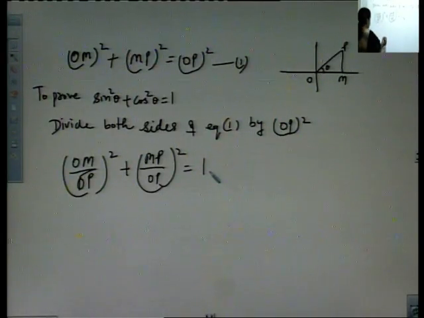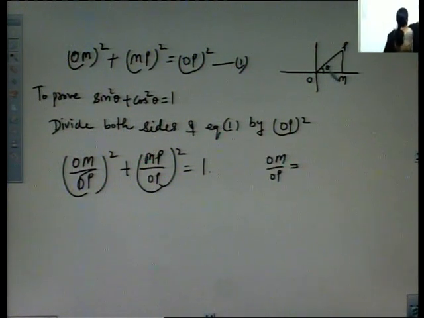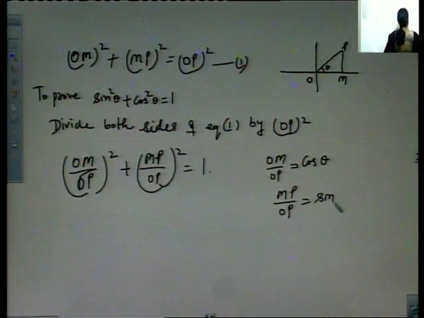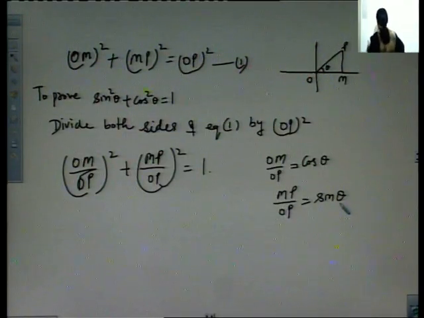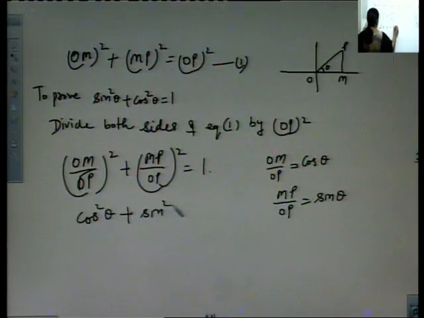And we know that OM upon OP is equal to cos theta and MP upon OP is equal to sin theta. So we get cos square theta plus sin square theta is equal to 1.